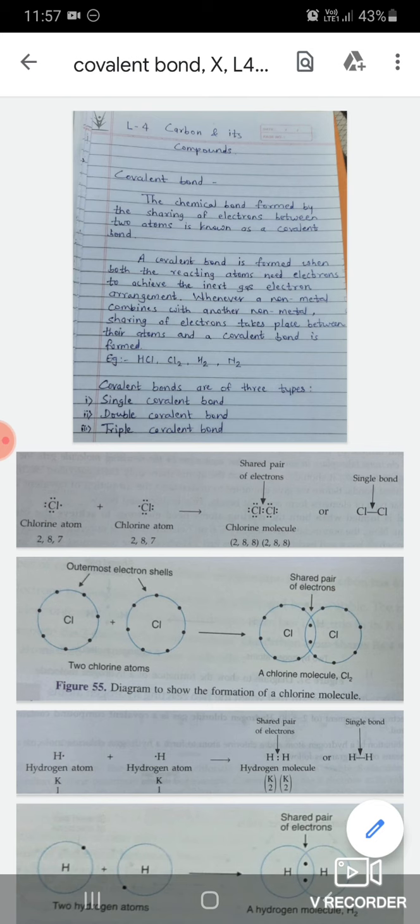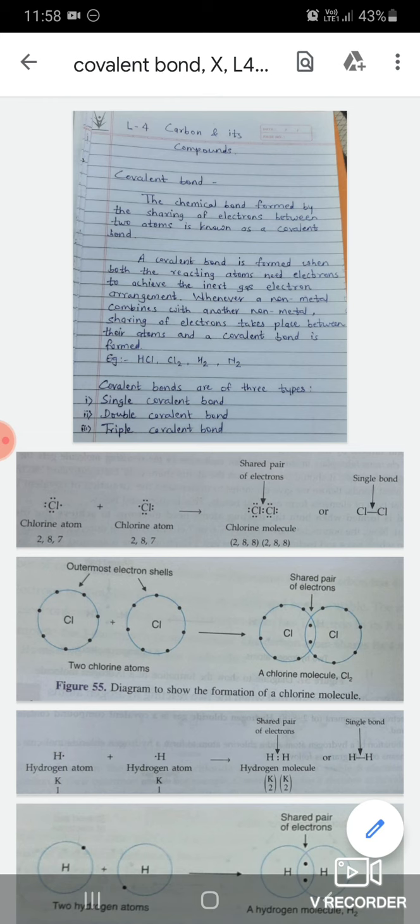Now see the example of formation of a chlorine molecule. In chlorine, the configuration is 2, 8, 7. So both the atoms of chlorine need one electron. So there is sharing of one electron, and after sharing you will find the contribution of both the electrons for each chlorine atom. This way, by sharing one electron, chlorine completes its octet and becomes a stable molecule.